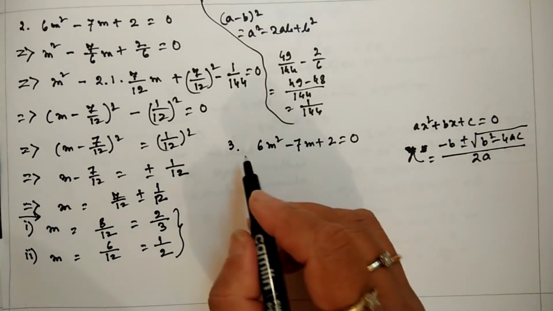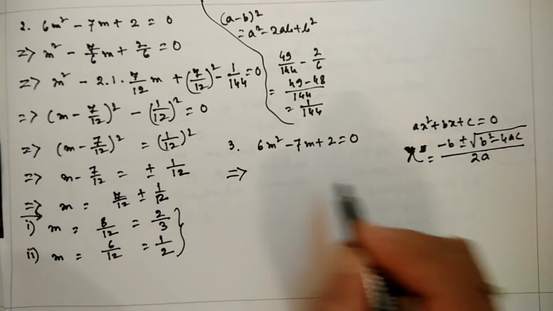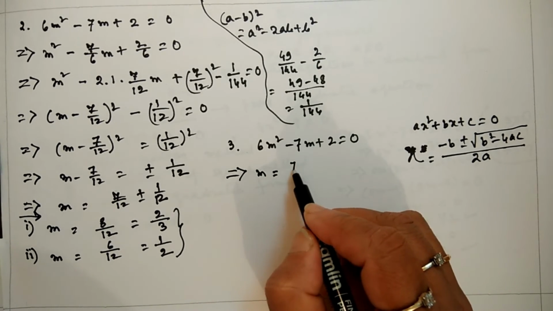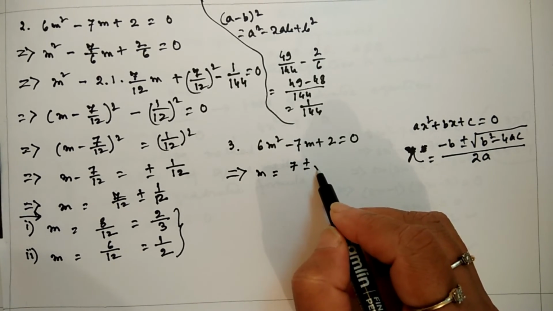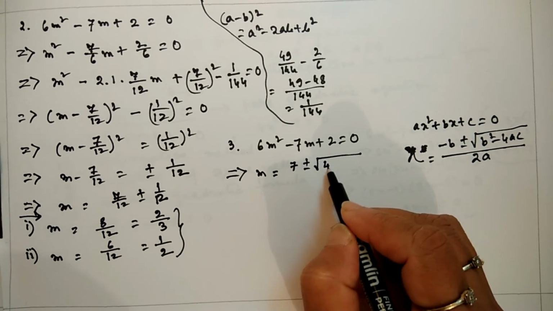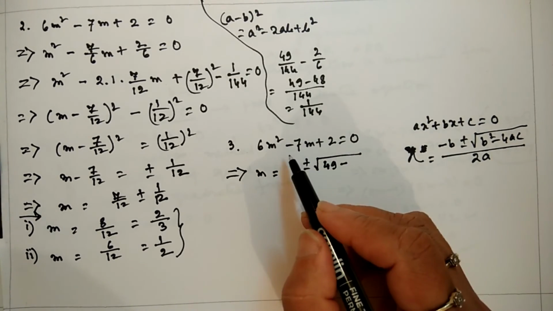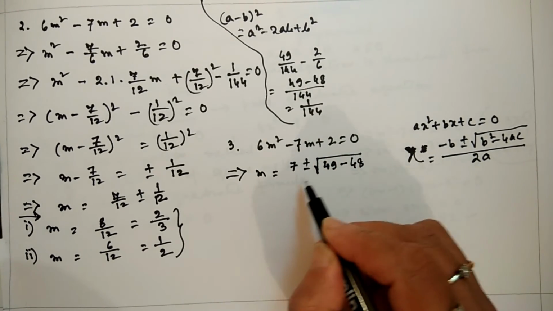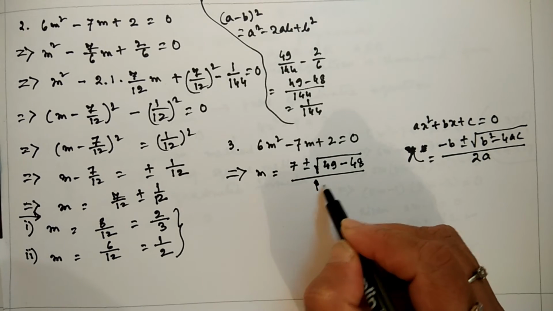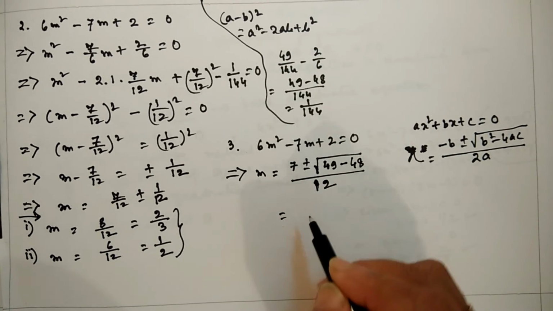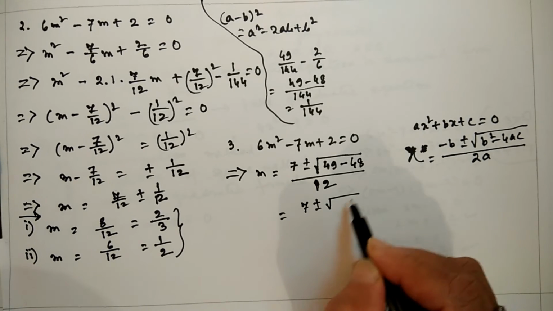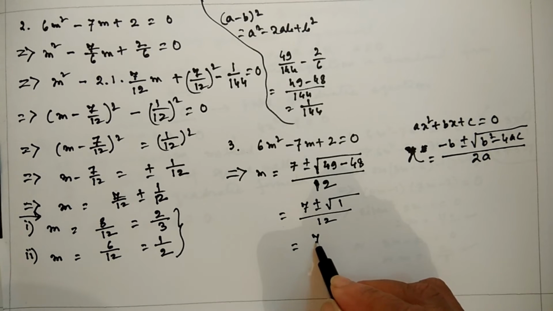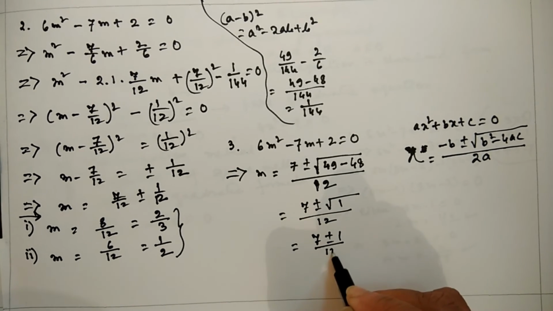So here if we use this formula, m will be minus b means 7 plus minus root over b square means 49 minus 4ac, 4 into a into c, it will be 48, by 2a means 12. So this will be 7 plus minus root over 1 by 12, which is 7 plus minus 1 by 12.